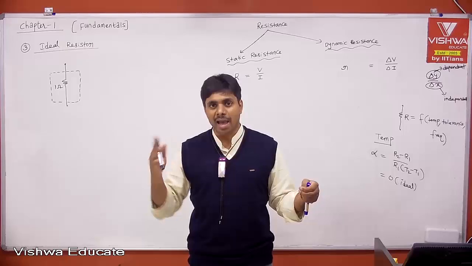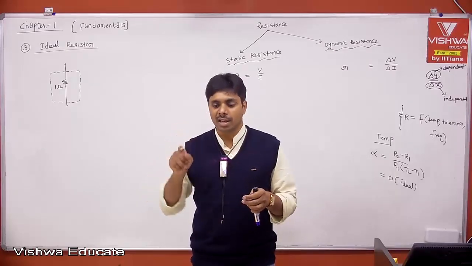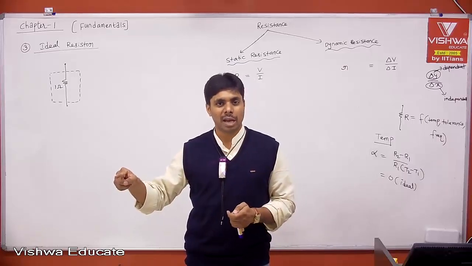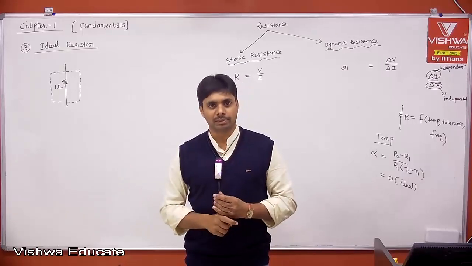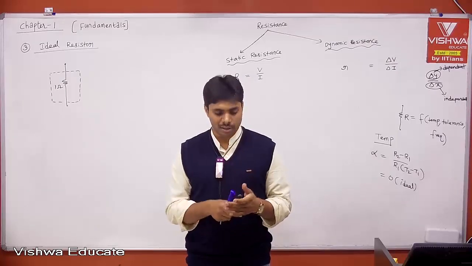But strictly speaking, as the frequency of excitation is increasing, the resistance whatever you offered, which is the low frequency resistance, R is equal to rho L by A, is no more valid, because there is something called skin effect. What is skin effect?